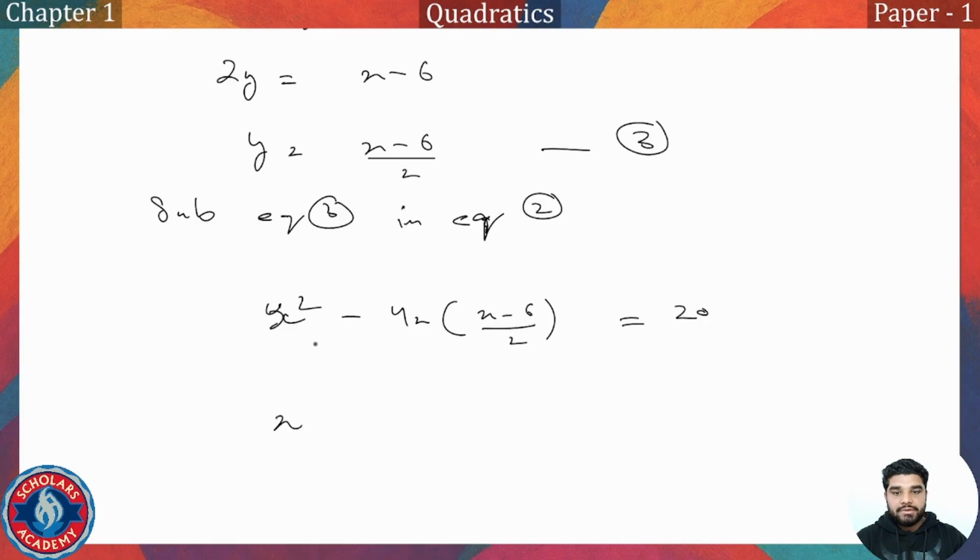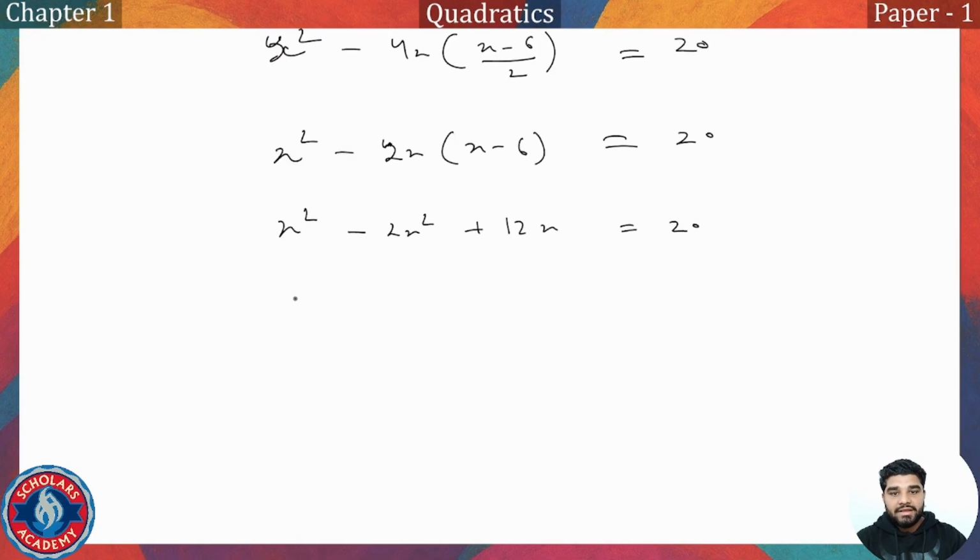To simplify it, we get x square minus 2x times (x minus 6), just dividing 4 and 2, and we got 20 over here. So x square minus 2x square plus 12x is equal to 20. We get negative x square plus 12x is equal to 20.